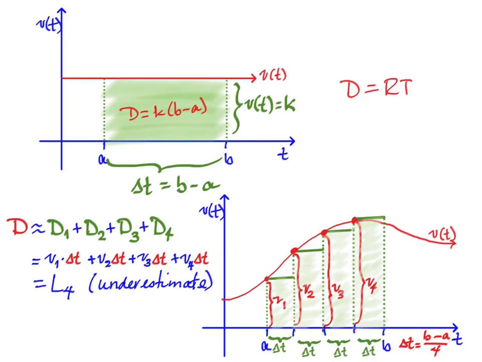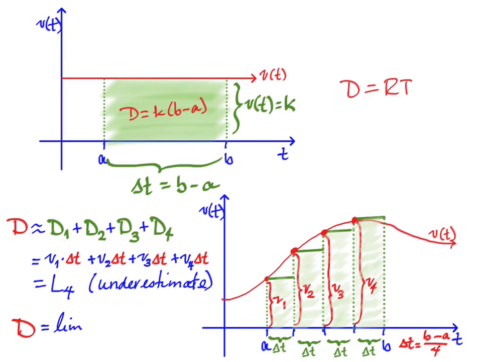So that's very much like what we did when we were approximating areas today. This is the same problem, approximating distances. You're finding, or approximating, the area under a velocity curve.